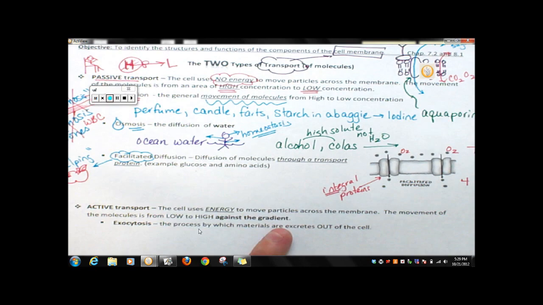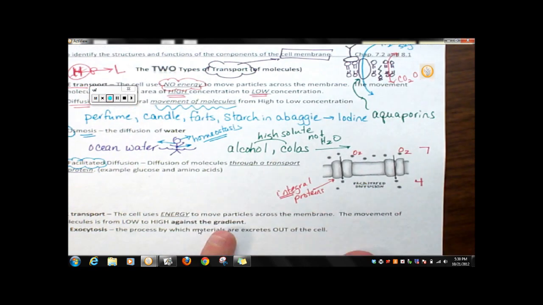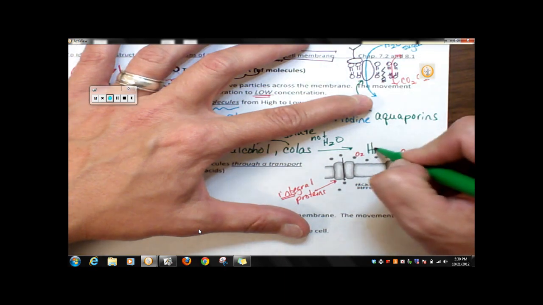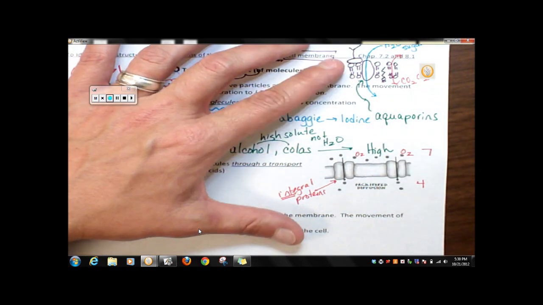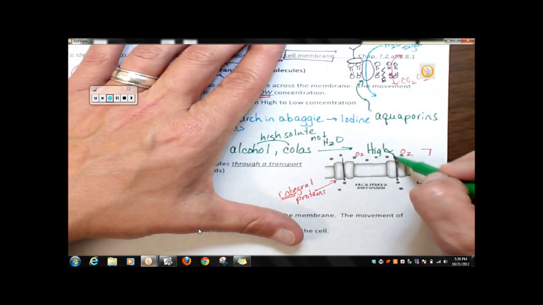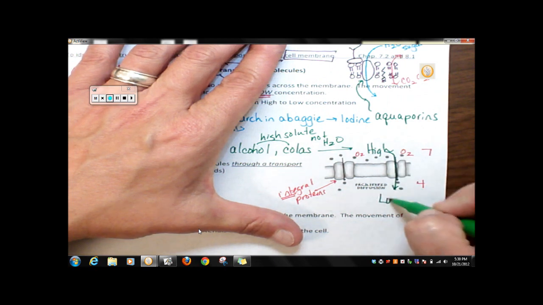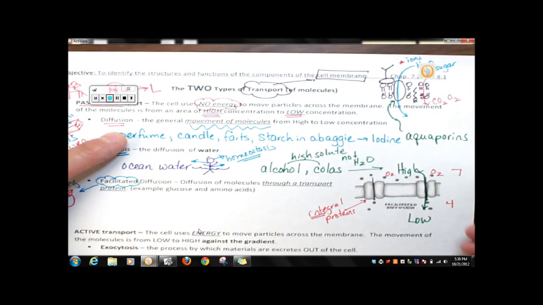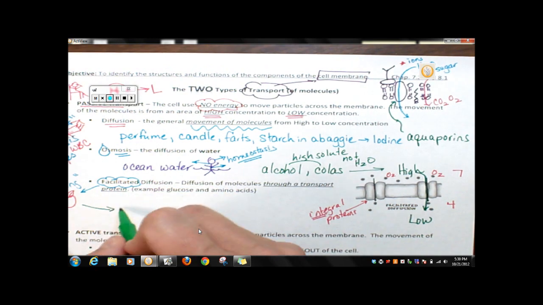So where is the concentration the greatest? Good, it's on the outside. So if it's high over here, molecules are going to naturally move from high to low. And we said that's called diffusion, but in the event that they need to go through a helper or a doorway, it gets a little bit more specific, and it's called facilitated diffusion.